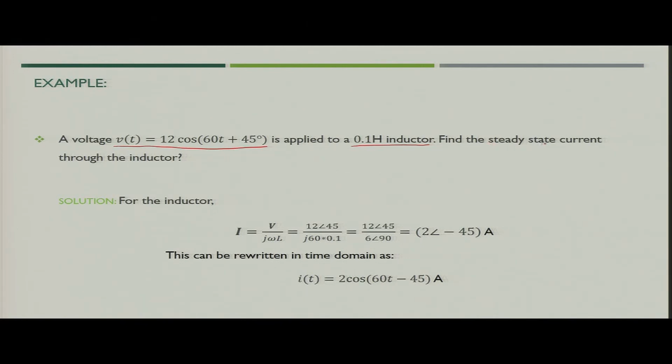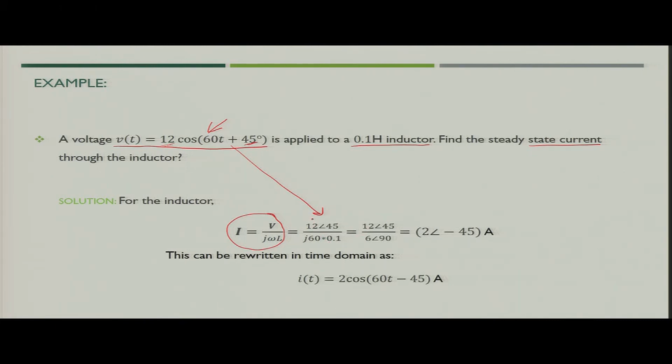If we are asked to find the steady state current through the inductor, we will use the term which we just derived, that is I phasor is nothing but V phasor divided by j omega L. Now, the voltage phasor you can take from here, that is 12 angle 45 degree divided by j omega L. Omega is 60, which you can see from here, multiplied by the value of the inductor, that is 0.1 Henry.